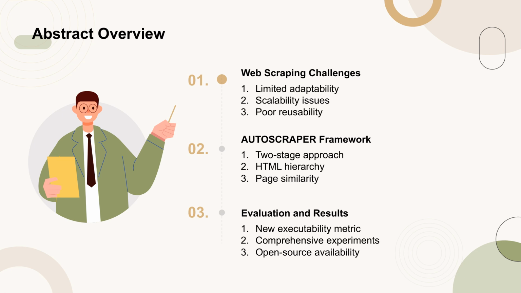Additionally, a new executability metric is proposed to better evaluate the performance of web scraper generation tasks. The effectiveness of the framework is demonstrated through comprehensive experiments involving multiple large language models, LLMs, and the work is made open source to encourage further research and application.